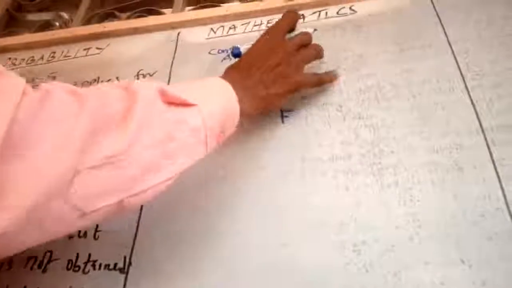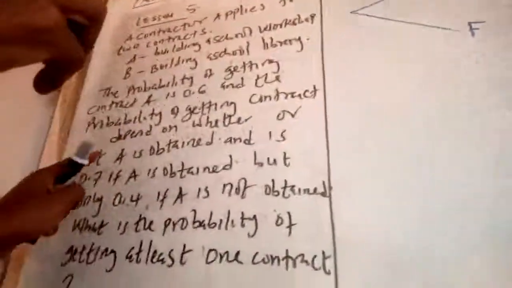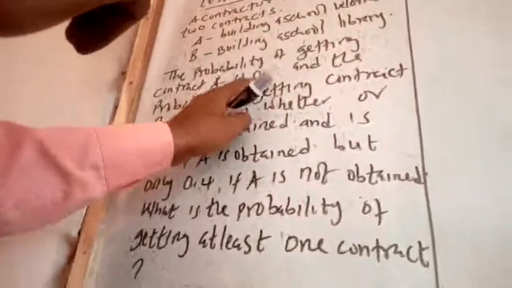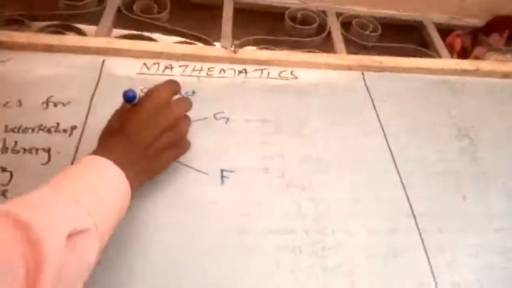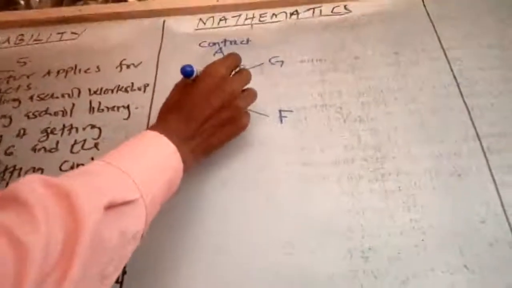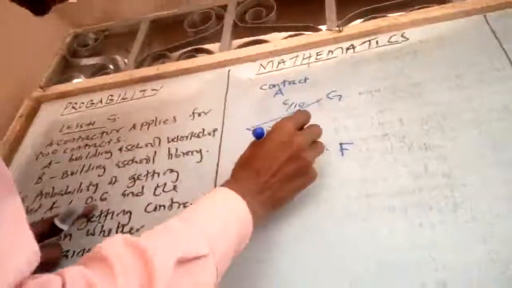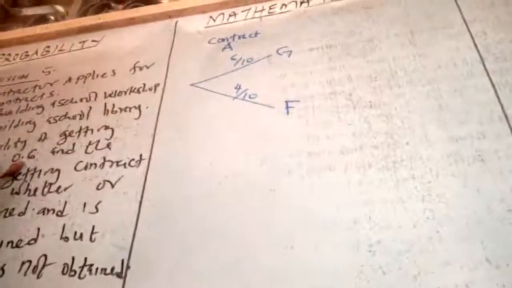So there is getting and failing, and you can see that the probability of getting is 0.6. So 0.6 is equivalent to 6 over 10. What about the other one? The other one should be 1 minus 6 over 10. You are supposed to get 4 over 10.